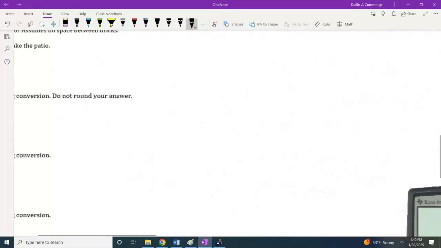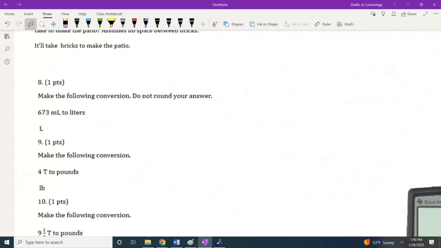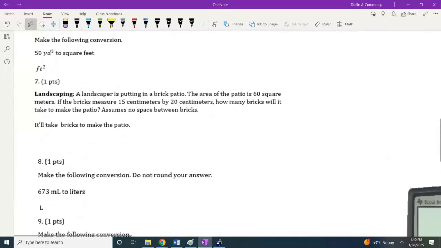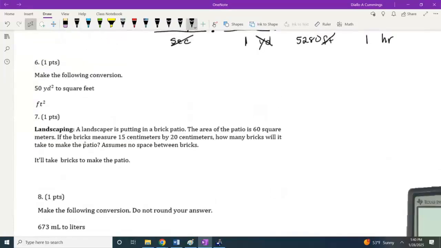So now if I go back to the problem, I have 50 square yards, and I want to convert square yards to square feet.